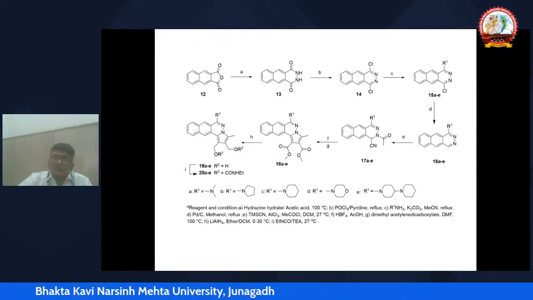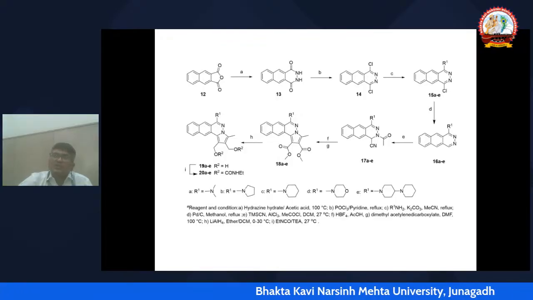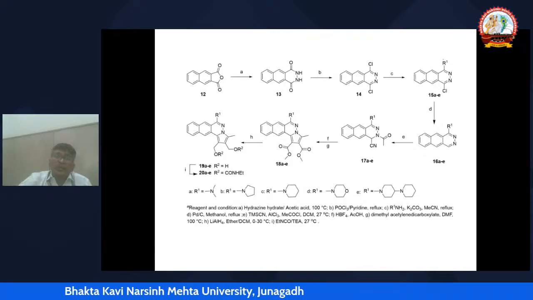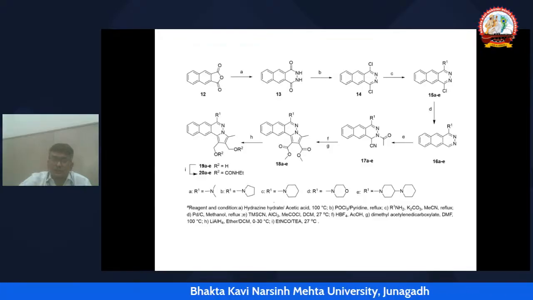So this ketone is converted into the OH, which can further be converted into the chlorine groups. So the dichlorobenzothiazine molecules later on have one chlorine atom replaced with different primary or secondary amines.